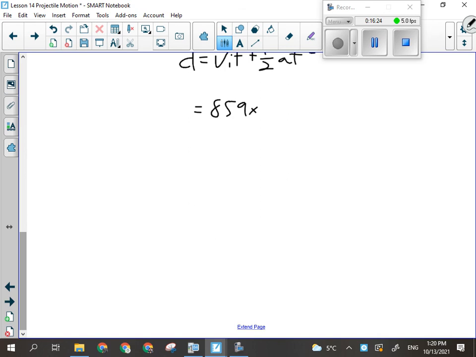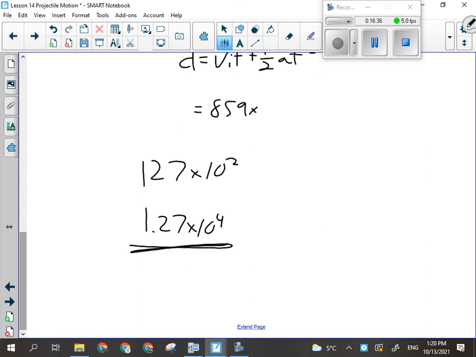It's not that this would be incorrect. 127 times 10 to the 2 is the same as saying 1.27 times 10 to the 4. But this is correct scientific notation. This is mathematically the same number as this, but this is proper scientific notation. So if you did it either one of those ways, both of those numbers have 3 significant digits, but this is more correct in terms of how I write scientific notation, right?